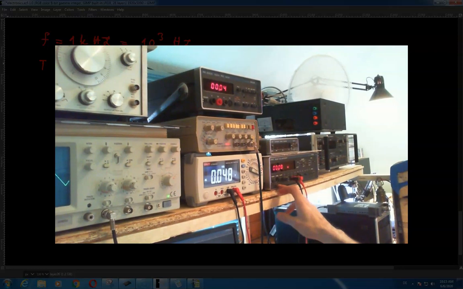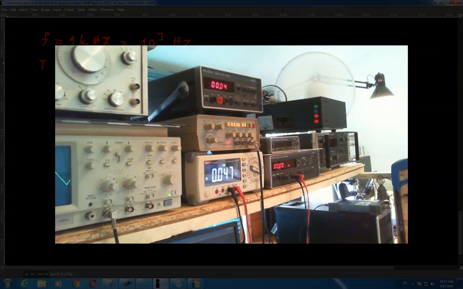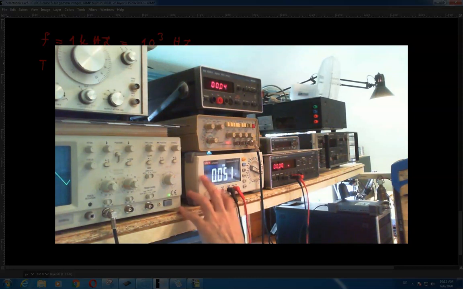I don't know exactly the frequency on this, but essentially this other kind of meter would not be able to measure that for you.